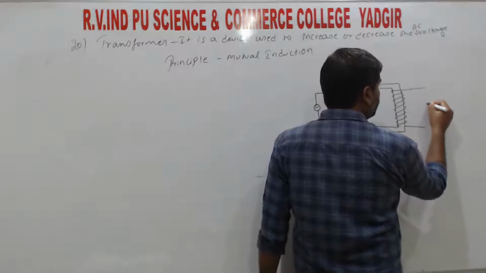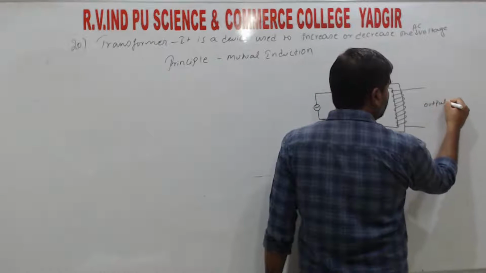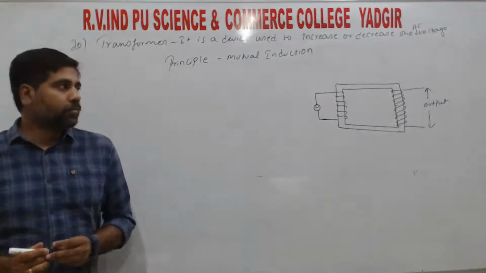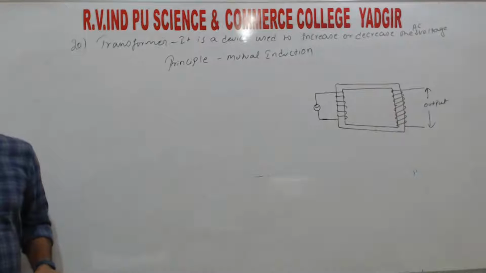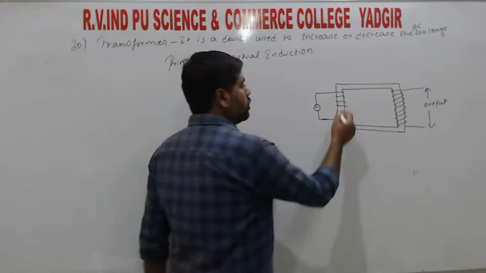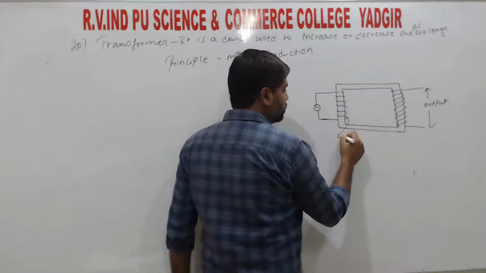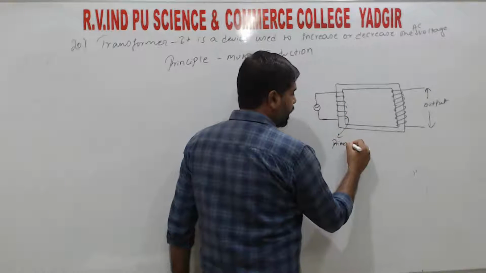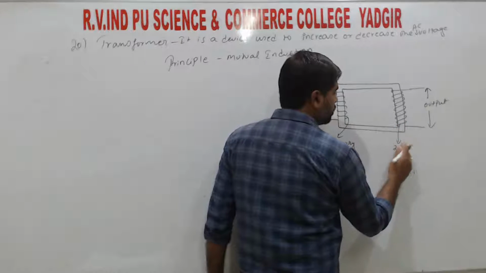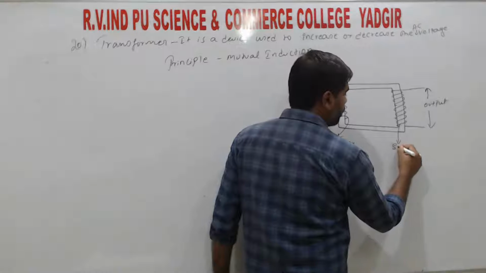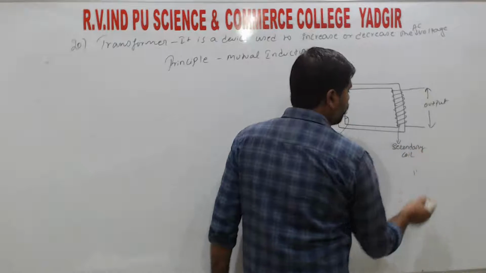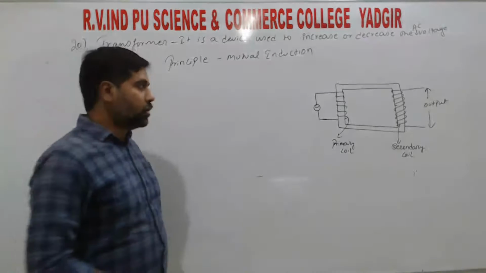It has two coils. We call this coil the primary coil, and this one the secondary coil, right?